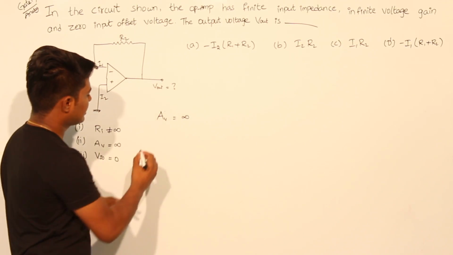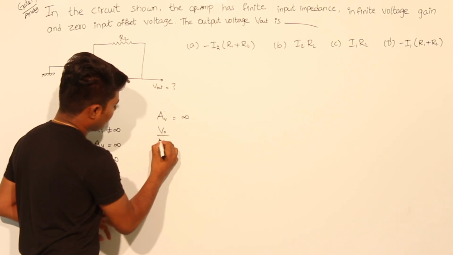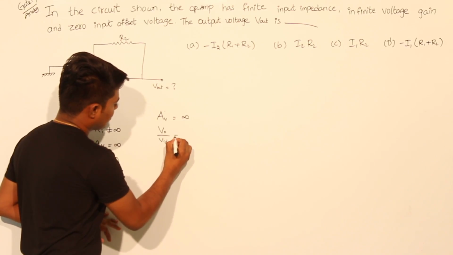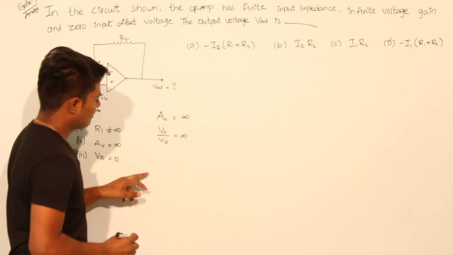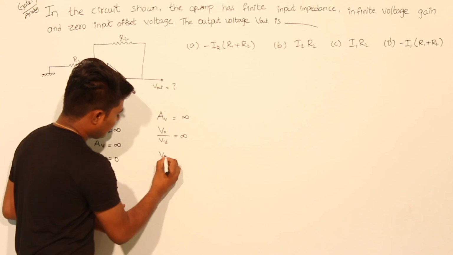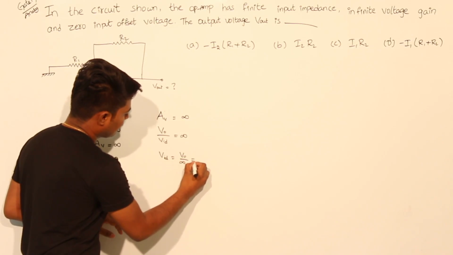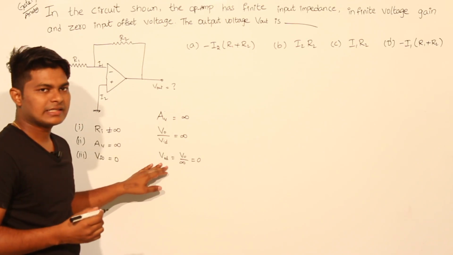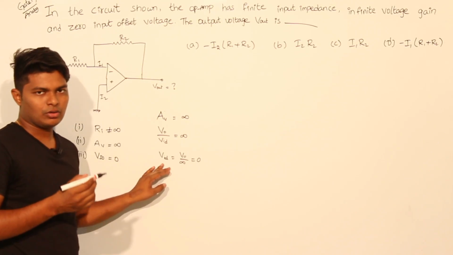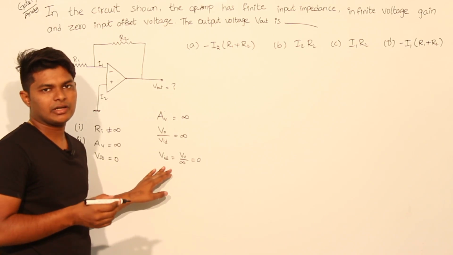We know that voltage gain equal to Vo by VID is equal to infinity. It implies VID equal to Vo by infinity, that is equal to 0. Here VID is nothing but the difference between the non-inverting terminal and inverting terminal.